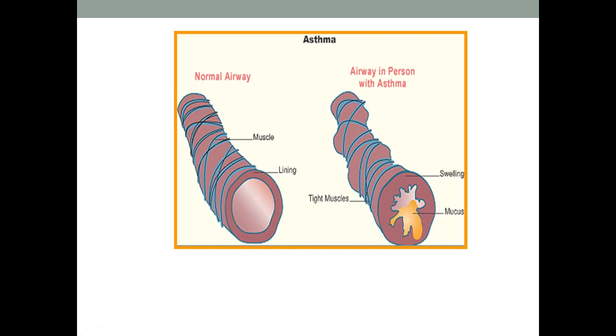That is called spasm. So three things are present: one is spasm or tightening of the smooth muscles present in the airway, the swelling of the airway, and mucus production.